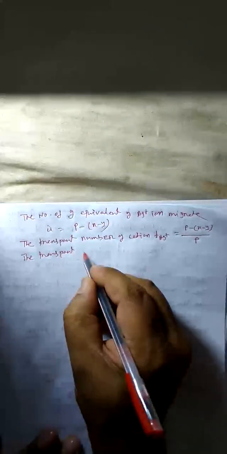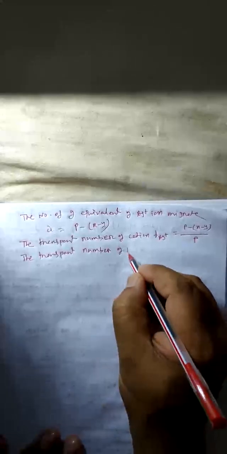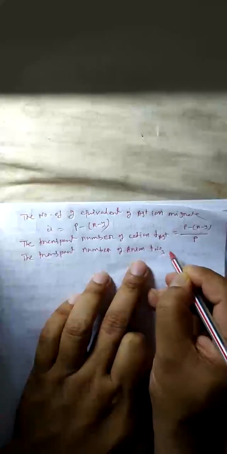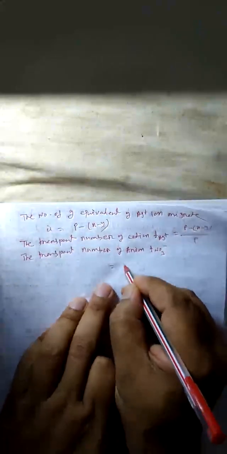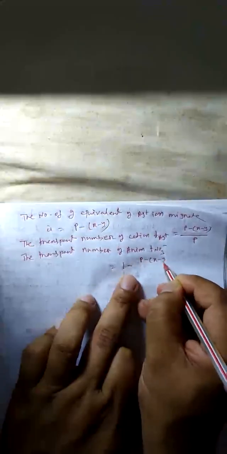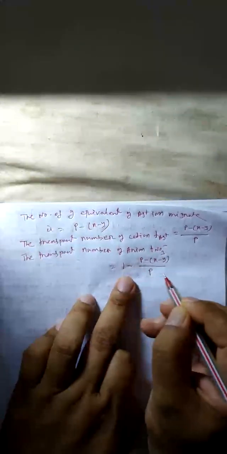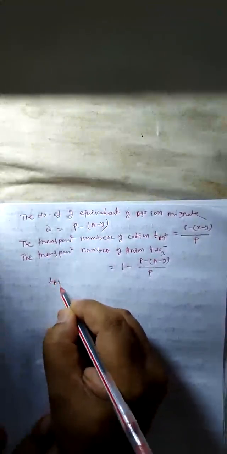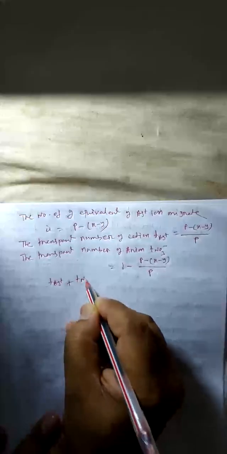Then the transport number of anion, T NO3 minus, is equal to how much? 1 minus [P minus (X minus Y)] divided by P. This is the transport number of anion, because it is known that transport number of cation plus transport number of anion should be equal to 1.